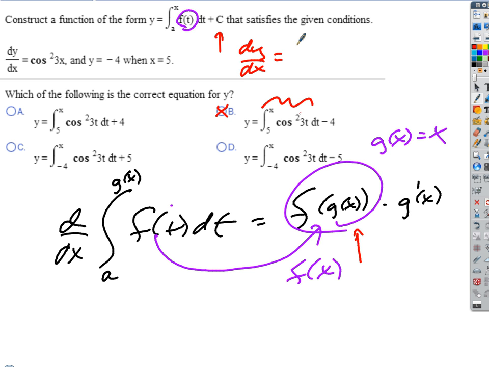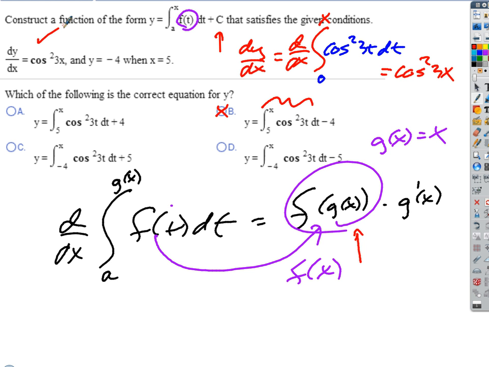The derivative of this part goes away because of the dt at the end. By the second fundamental theorem, this is just equal to cosine squared 3x, isn't it? Right? So, check. Got it.